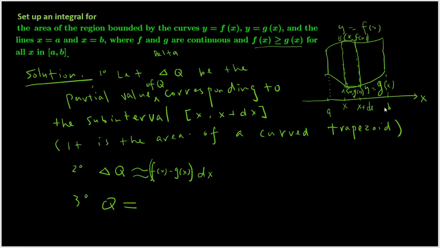We set up an integral for the total area. Q is computed using the integral from A to B. We integrate this part: the integral from A to B of f of x minus g of x, dx.